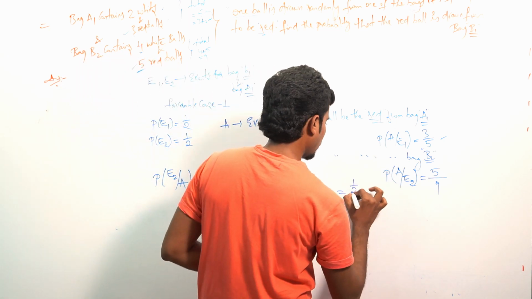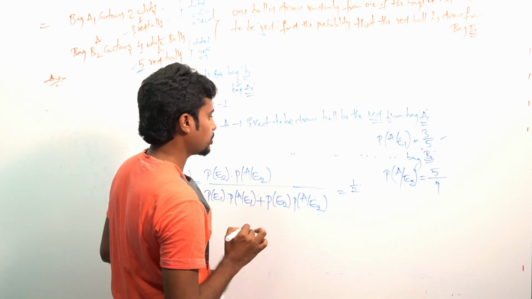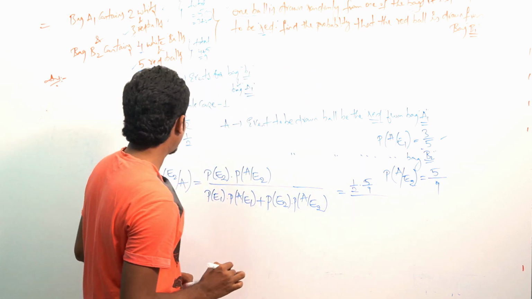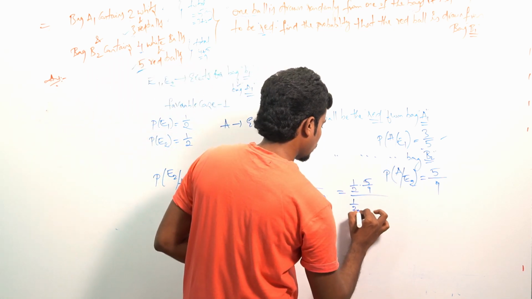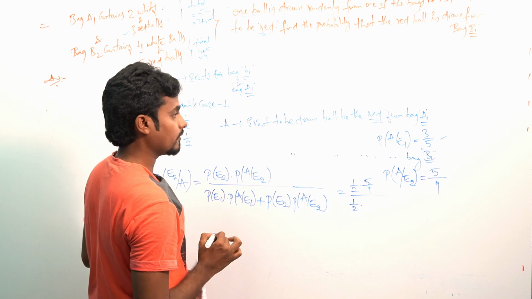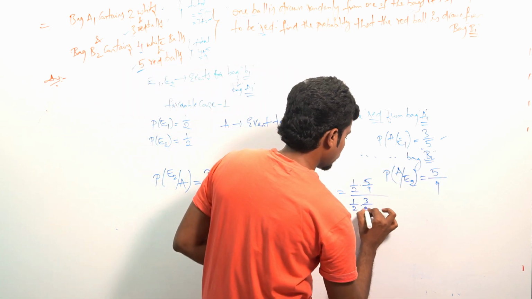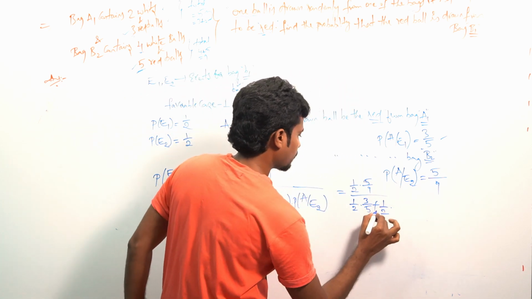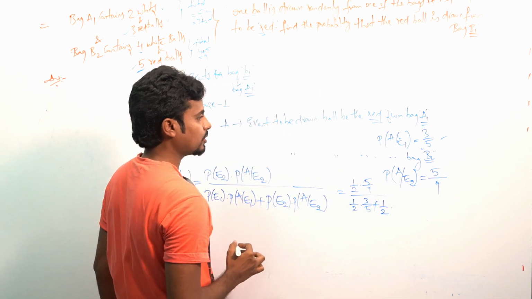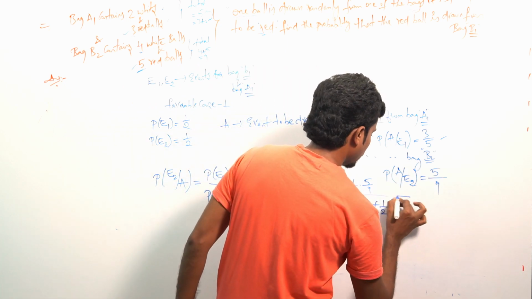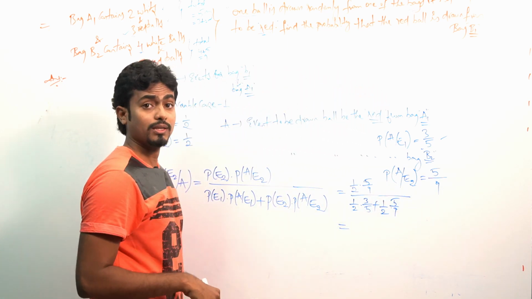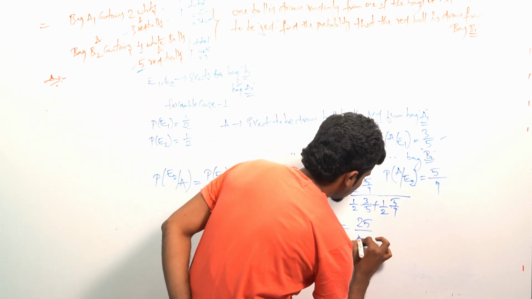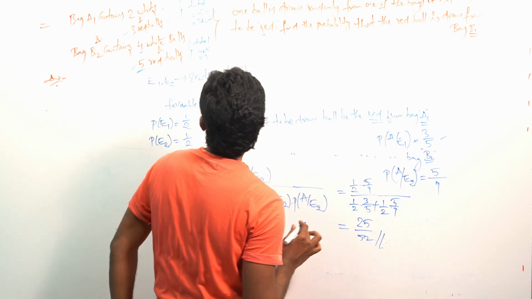That is 1 divided by 2 into 5 divided by 9, divided by 1 divided by 2 into 3 divided by 5 plus 1 divided by 2 into 5 divided by 9. If you take the LCM and do the calculation, you will get 25 divided by 52.